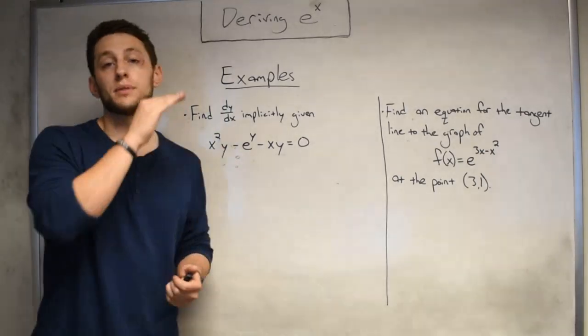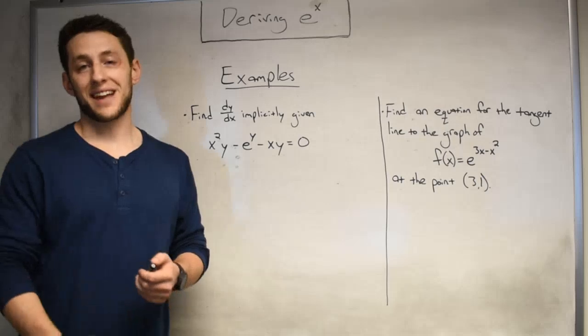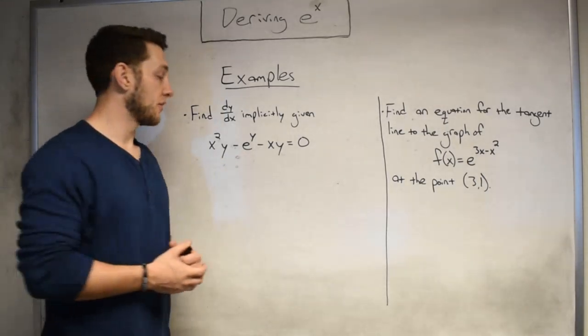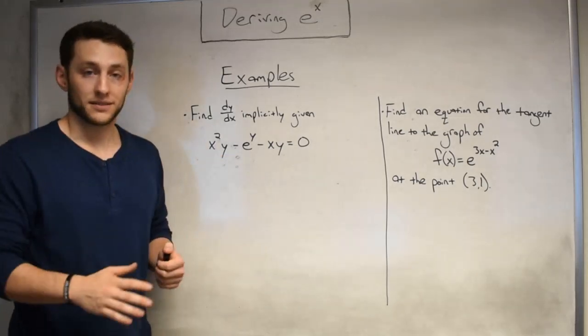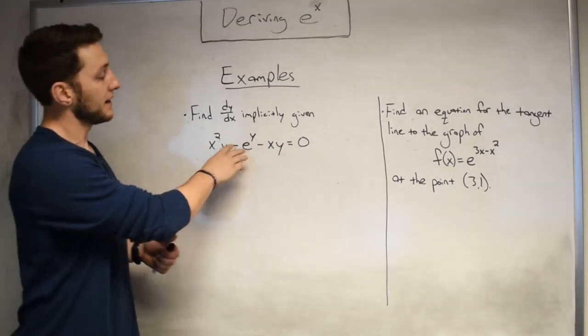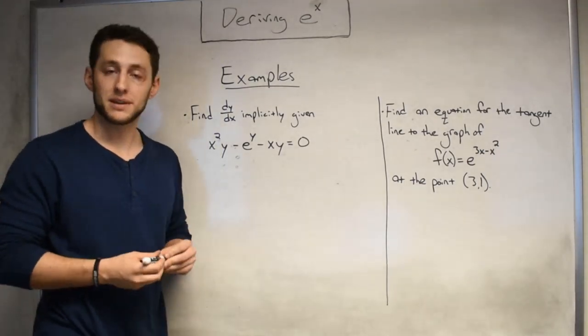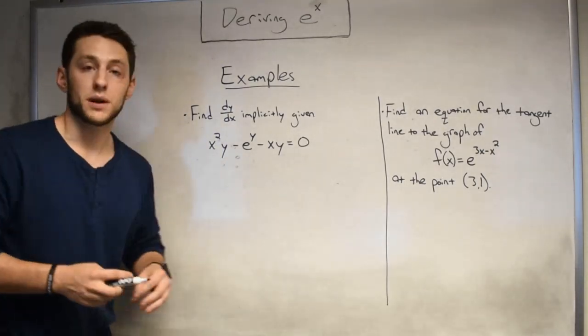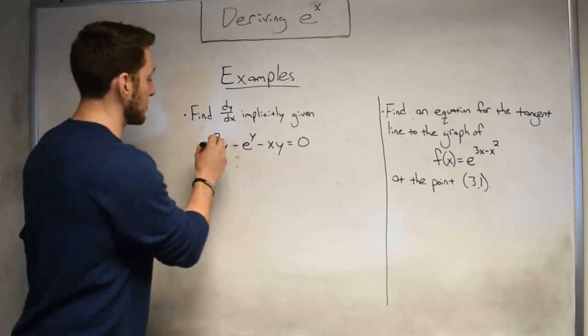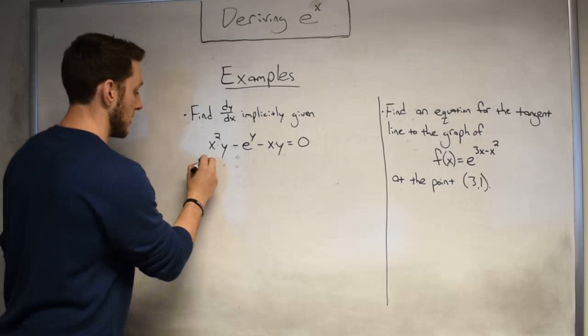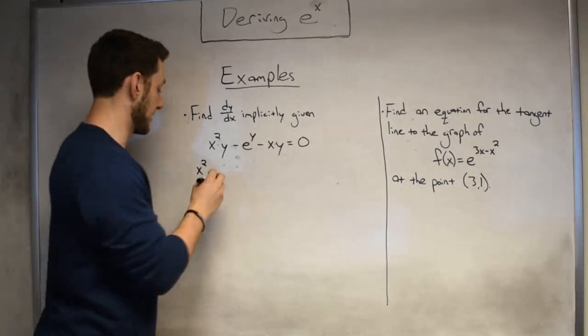In this case, implicit differentiation works the exact same way. We're just adding on more rules. So derive everything. X squared times y and negative x times y are both product rules, so we have to be careful on them. When I derive x squared times y, since that is a product rule, we have first, x squared, times d second.